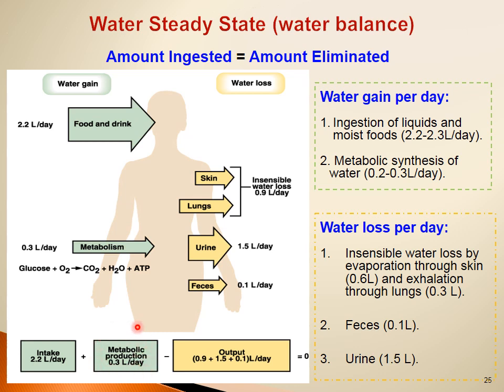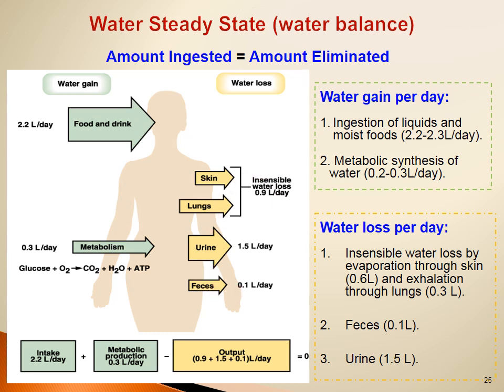Water loss or water output: evaporation from the skin and the mucous membrane of the respiratory tract accounts for 0.9 liters per day, 1.5 liters per day in urine, and 0.1 liter per day in fecal material. If we make the total, it is 2.5 liters per day.